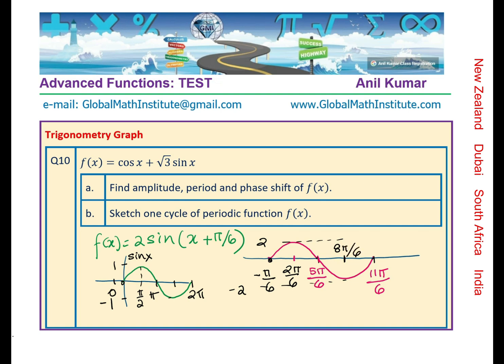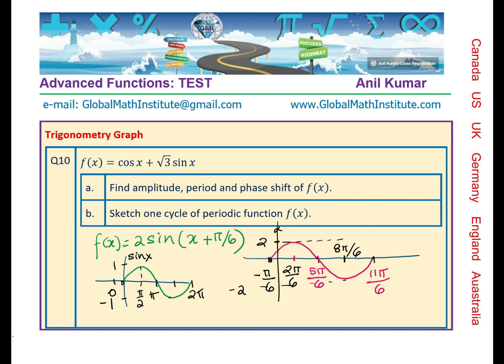You see that? So that becomes your wave, where we could actually draw the y-axis somewhere here, right? And say this is 2 and that is minus 2. Does that make sense, right? So we shifted the sine wave left by pi by 6 and sketched it out.